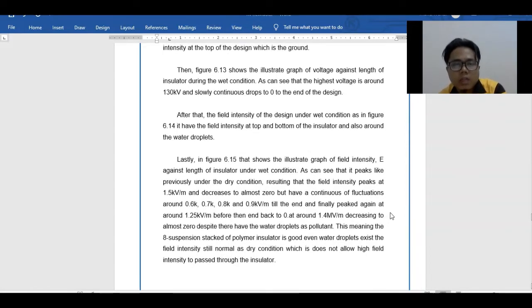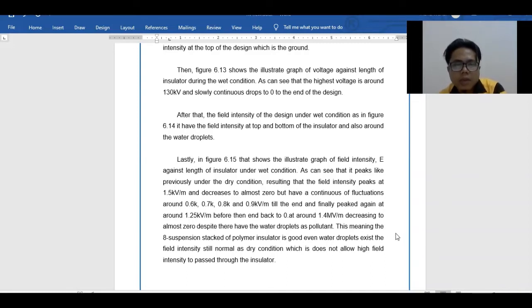And lastly, figure 6.15 shows the graph of field intensity against length of the insulator under the wet condition. We can see that the peaks for the dry condition and the wet condition are the same.